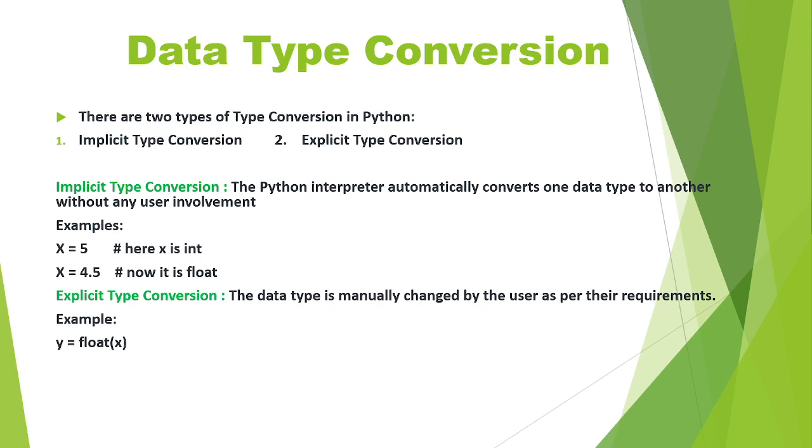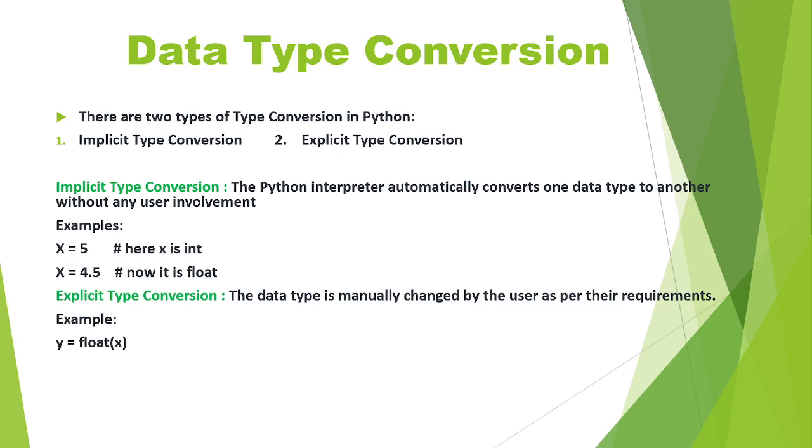First of them is implicit type conversion, and the other one is explicit type conversion. Implicit type conversion is considered as automatic type conversion by the Python interpreter, and in case of explicit type conversion, we need to manually convert from one type to another type.